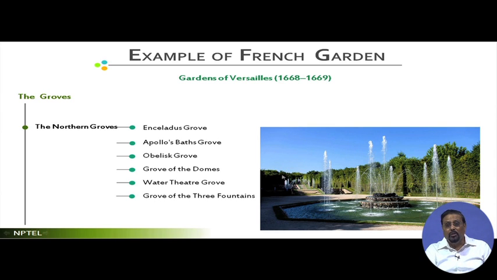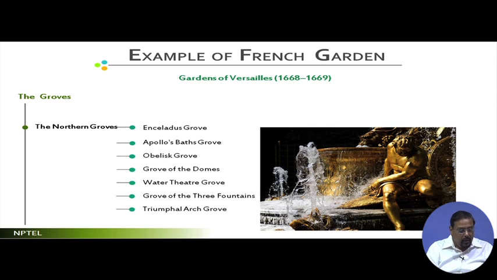Here, 1, 2, 3 fountains that they have created at the back, and the backdrop is a grove. And then the triumphal arch grove. Whenever you look at a grove, you always see it with respect to a background of vegetation. Okay.